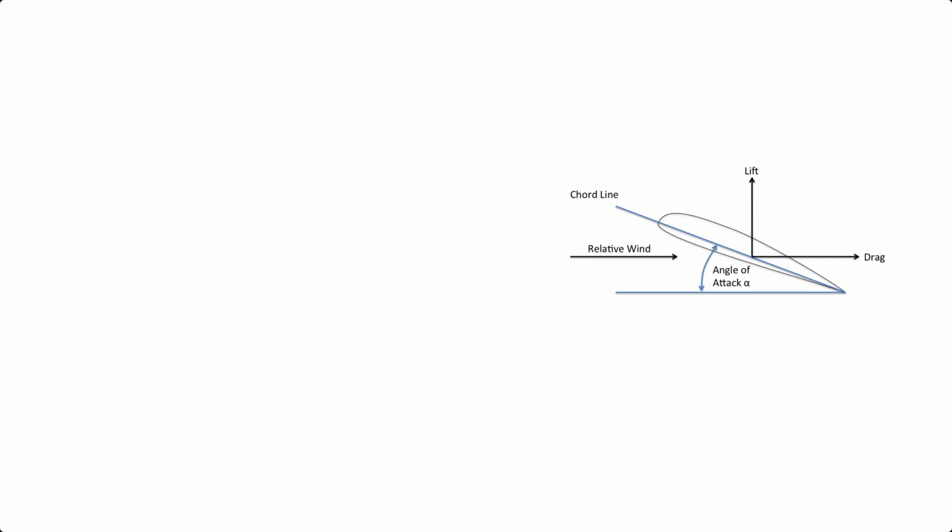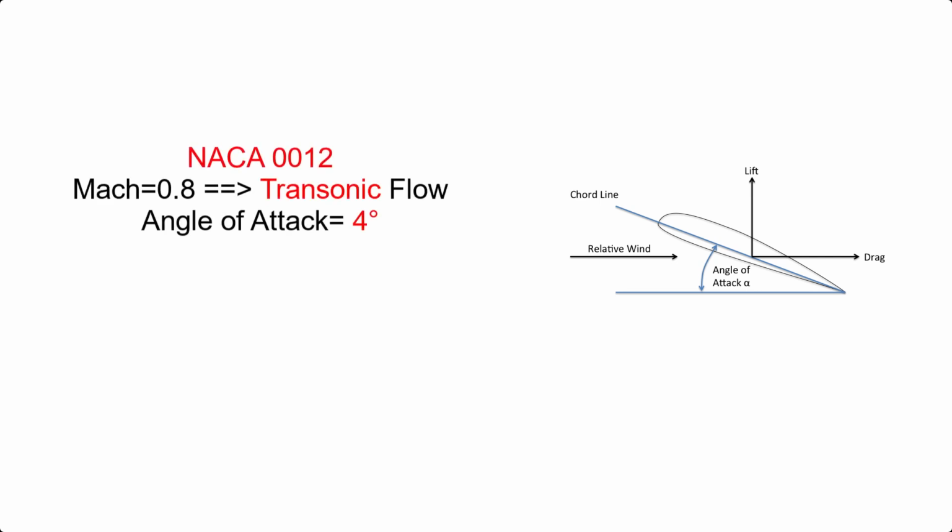The other information that is needed in order to proceed is about the compressibility of the flow, because the Mach number is 0.8. In other words, we are simulating a transonic flow over this airfoil. Our section profile is NACA 0012, and the angle of attack of the incoming airflow is 4 degrees.